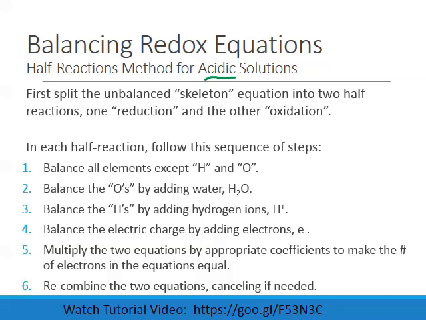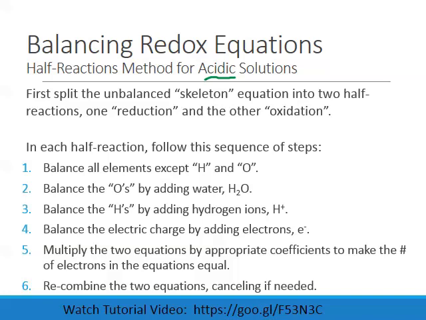They'll be on the right side of the equation if it's an oxidation reaction. So since they're on opposite sides of the equation, and they're equal in number at this point, the electrons will cancel. However, you might also find that some water cancels, or perhaps some hydrogen ions. Anything that appears on both sides of the equation will have to cancel.